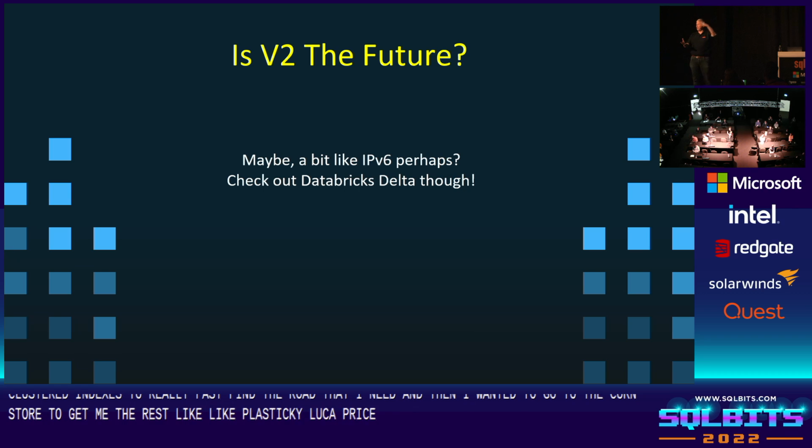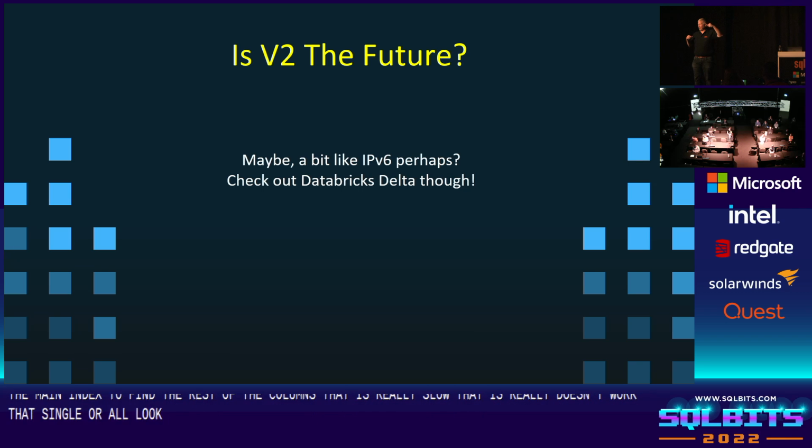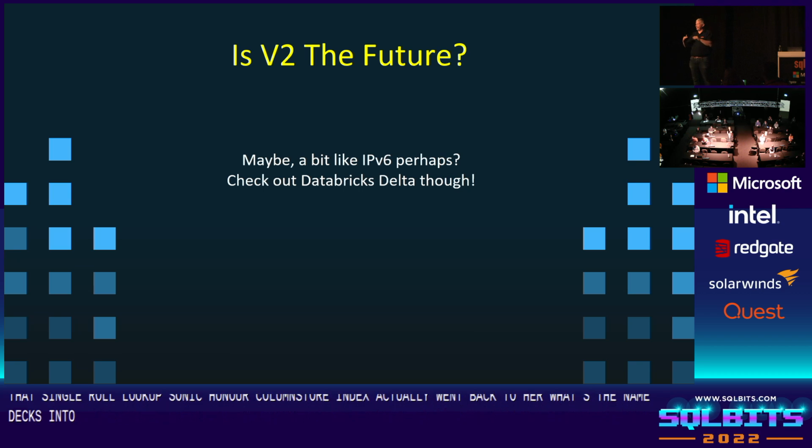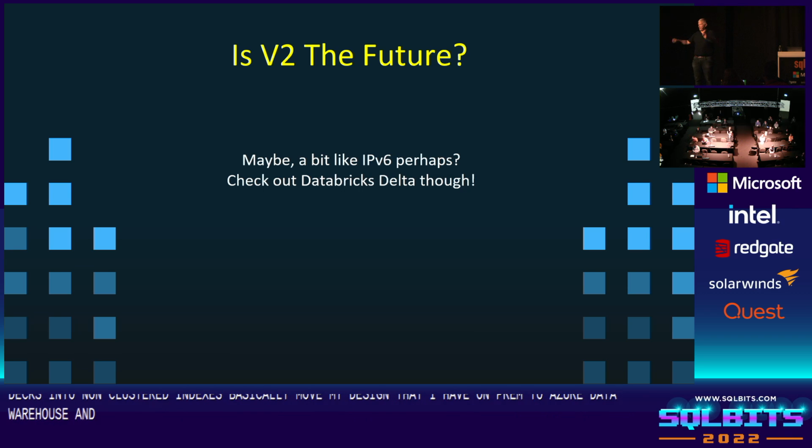It needs to go to the main index to find the rest of the columns. That is really slow. That just really doesn't work. Single row lookups on a column store index, don't. Don't do that. I went back to a normal clustered index and two non-clustered indexes. I basically moved my design that I had on-prem to Azure Data Warehouse, and it works like a charm.